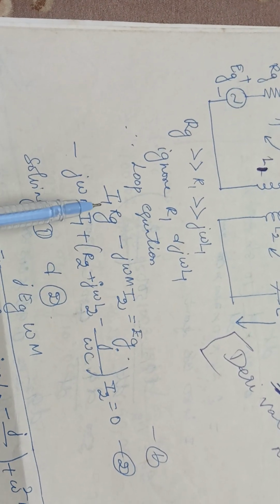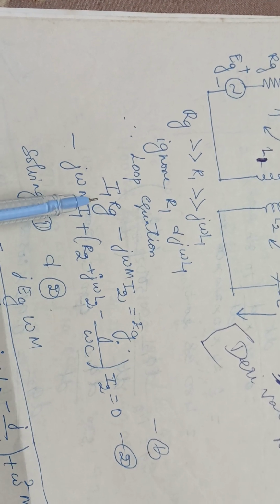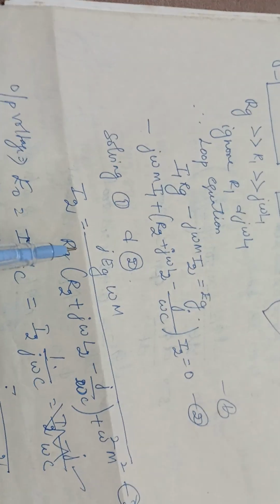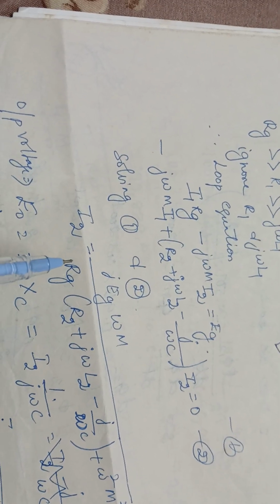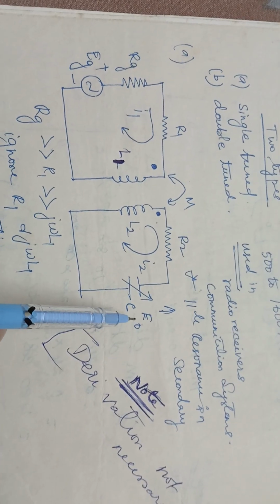From the first equation we find the I1 value and substitute I1 in the second equation, and we get this equation. What is the output?